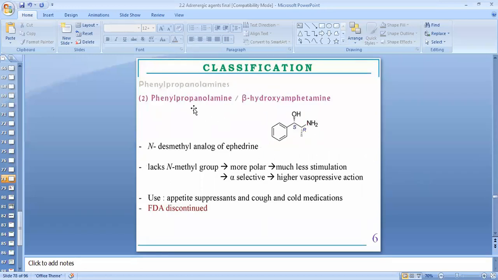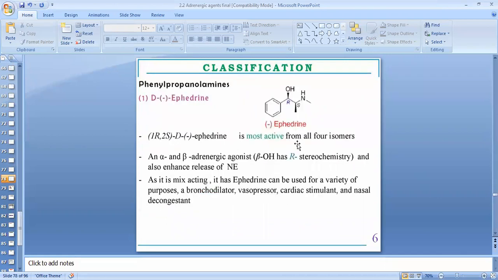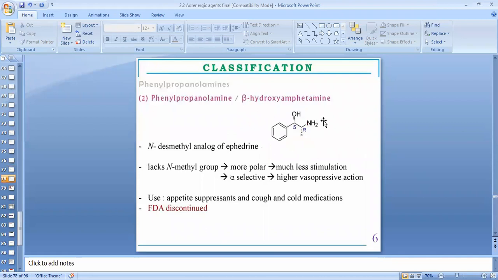Then the next class is phenylpropanolamine. It is the N-demethyl analog of ephedrine. If the methyl functional group is removed from the ephedrine structure, it is converted into phenylpropanolamine, which lacks the N-methyl group. Because the methyl group is reduced, its polarity increases compared to ephedrine, so much less stimulation.